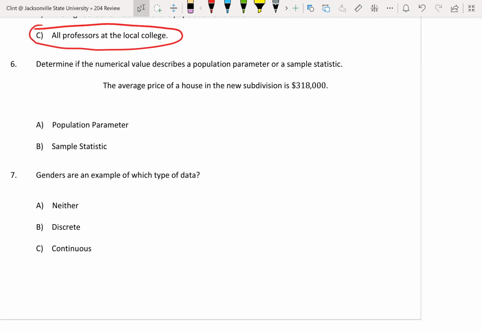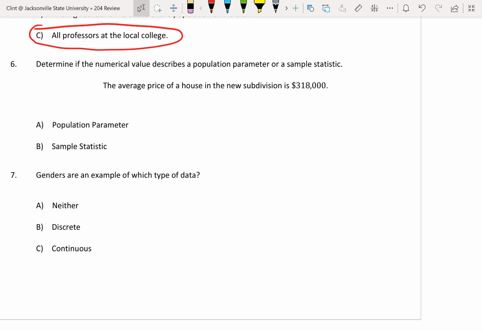Number 6 tells us to decide if we are given a population parameter or a sample statistic. It says the average price of a house in the new subdivision is $318,000. So there we have to think about what our population would be. Our population there is just all the houses in this new subdivision.